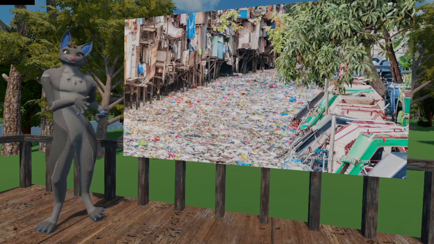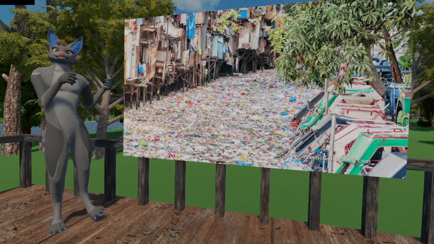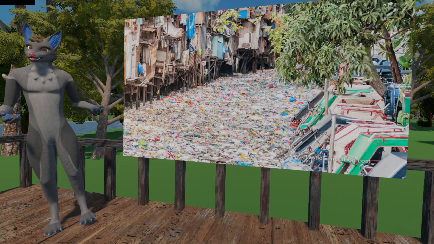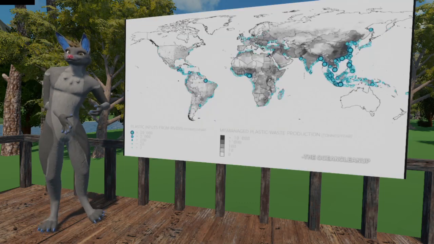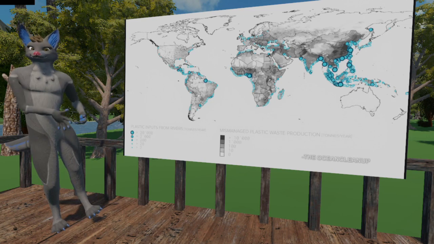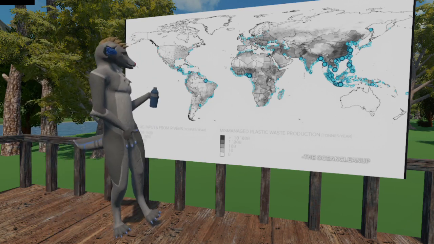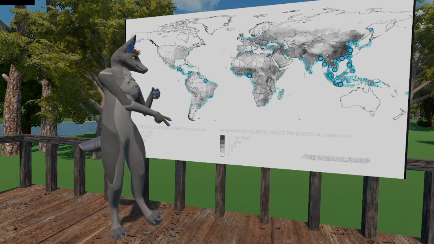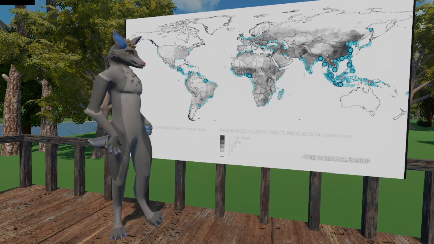On the next picture, I'm going to show you a map of the spread of rivers that pollute the water across the whole world. Here we have a world map, and you see all these blue dots. All these blue dots are basically river ends, where the river goes over from being a river to the ocean.